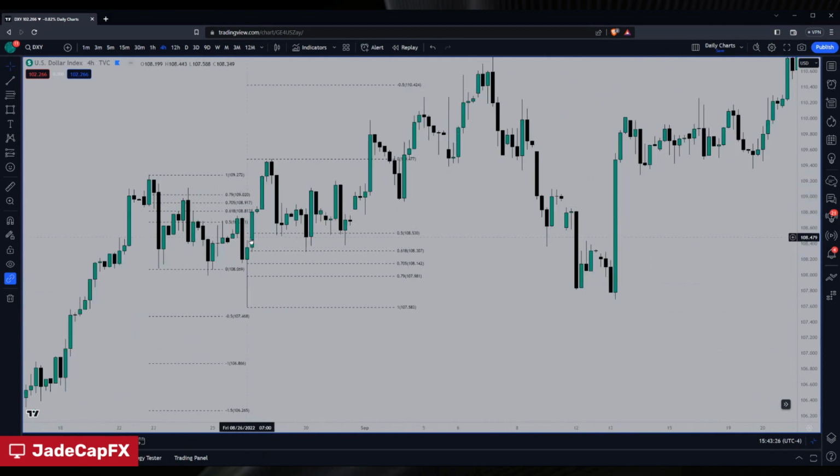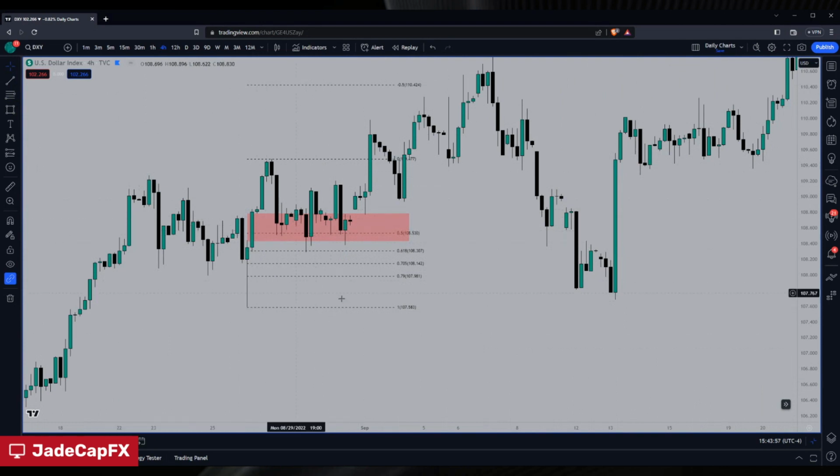So again, we have fair value gaps being left at premium levels. So this is a fair value gap at a premium level. And we have a fair value gap here being left at a discount level. And this is kind of how you can figure out, is my trade gonna trade lower? Well, if there's a fair value gap that's being left at a major discount level, you're not really gonna see it retrace only to the 50%.